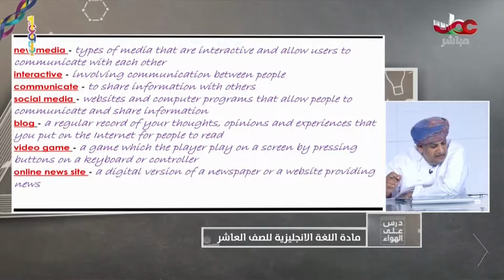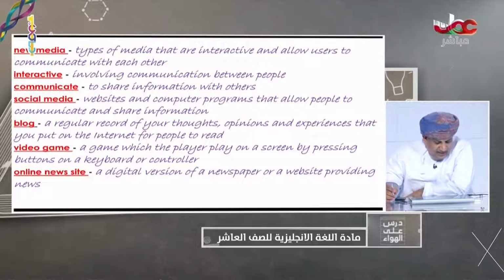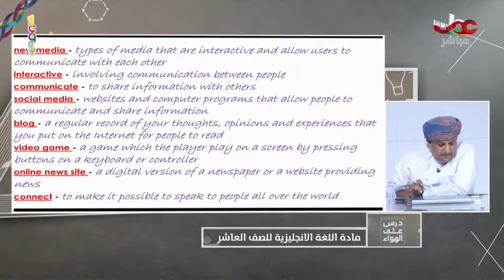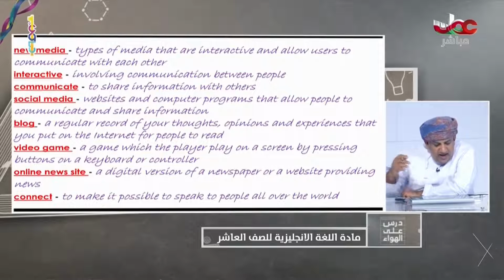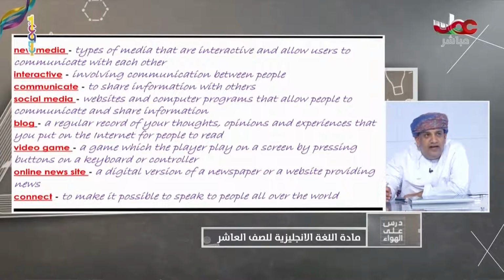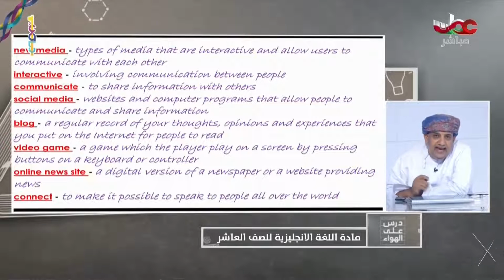Okay. Number 7, online news sites. Online news site means a digital version of a newspaper or a website providing news. And the last one, connect, it's a verb, means to make it possible to speak to people all over the world.